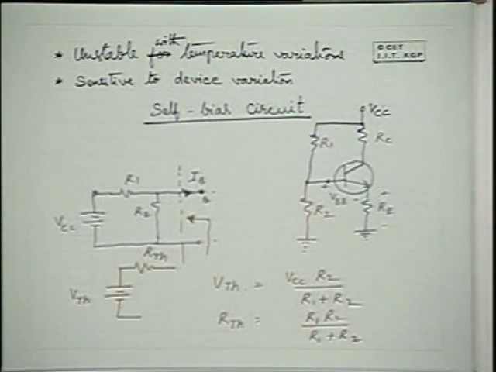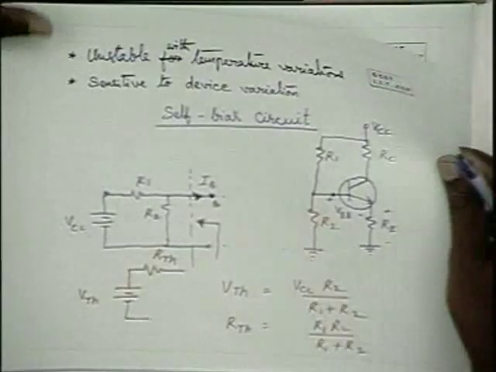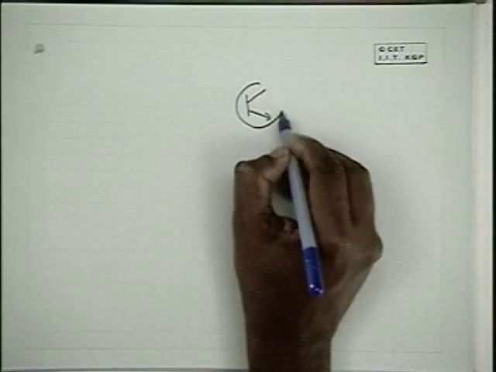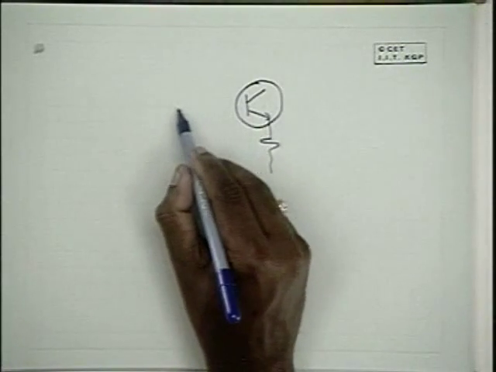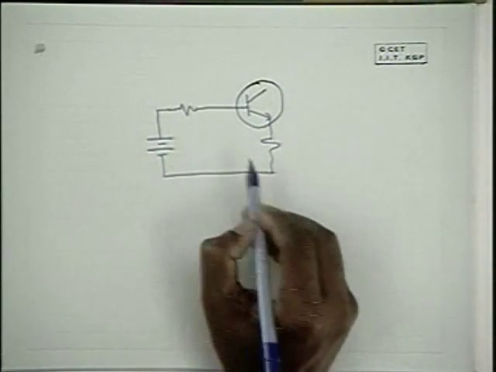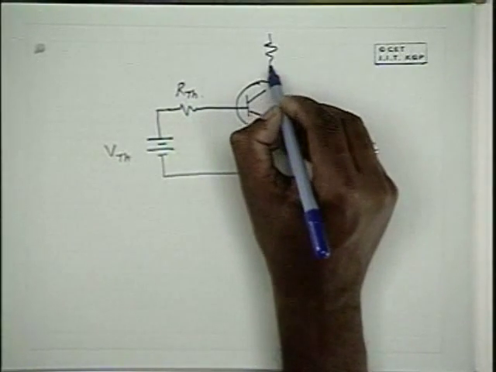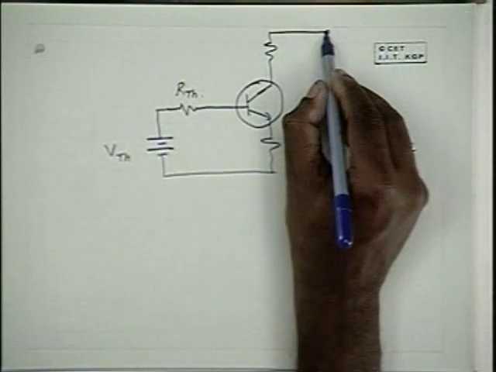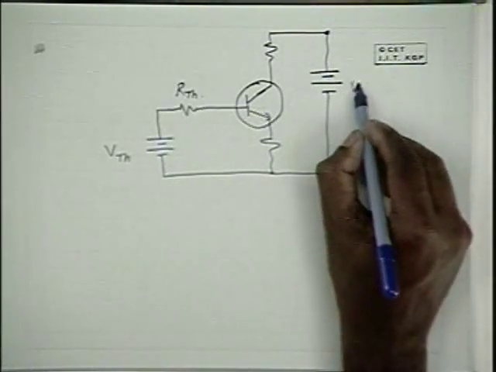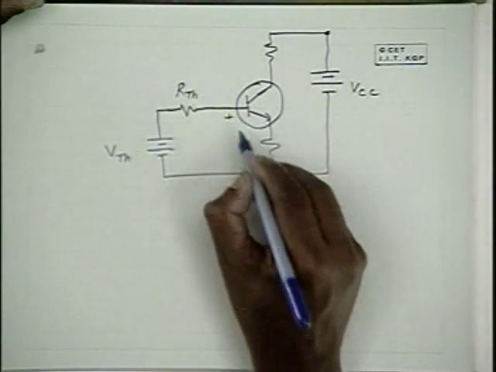Now, with the input side circuit replaced by its Thevenin's equivalent, we can see that the circuit gets simplified to this form. So this is the circuit. This is V Thevenin, R Thevenin, and this is VBE.